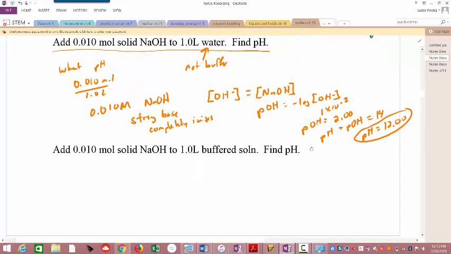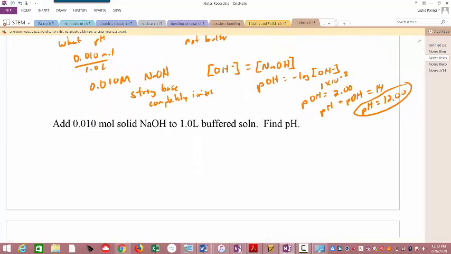So we've got to do some stoichiometry. We've got to mark in moles. Don't worry, it's a lot easier than the stoichiometry that we had before.